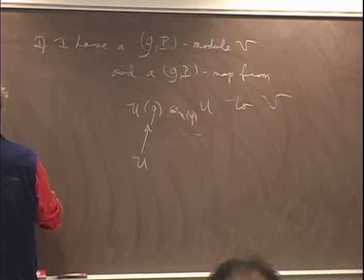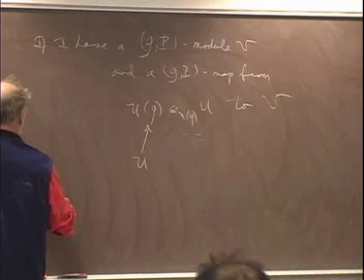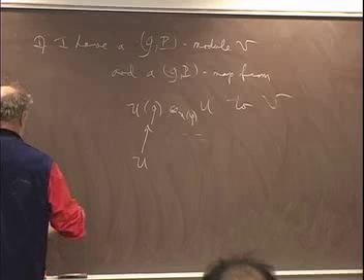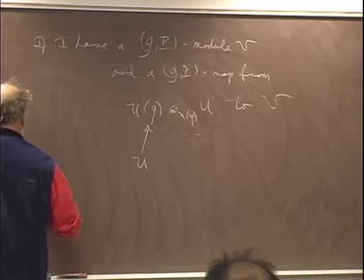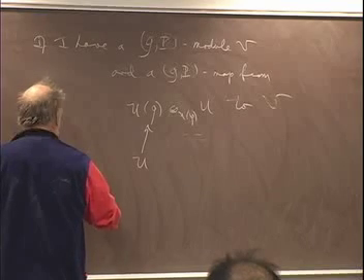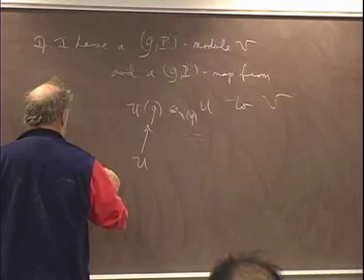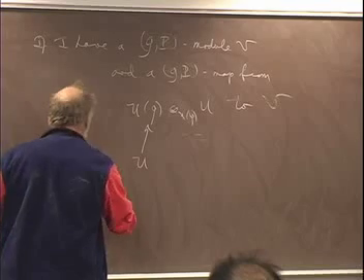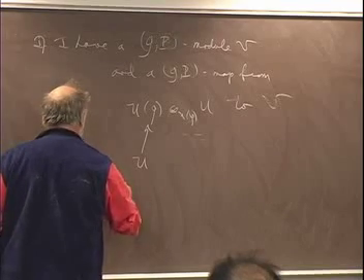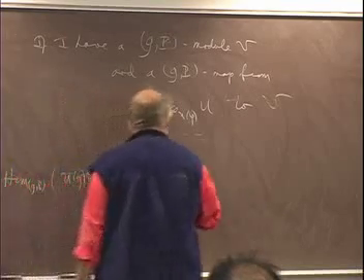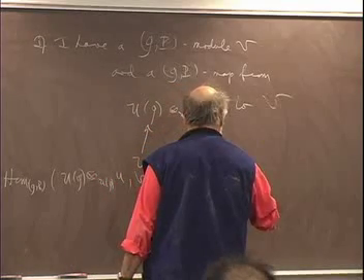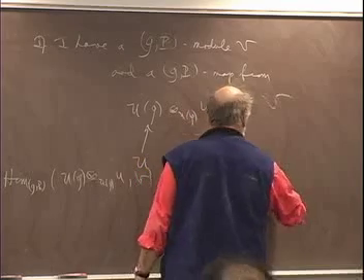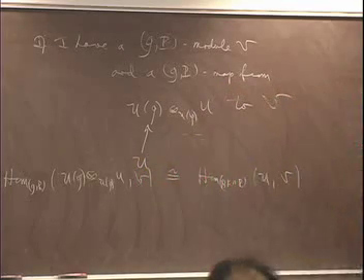So let me just tell you what the theorem is, which is Frobenius reciprocity. So the theorem is that Hom of GP from U(g) tensor over U(p) of U into V is isomorphic to Hom of P, K intersect P from U to V. So it's a kind of dual Frobenius reciprocity.